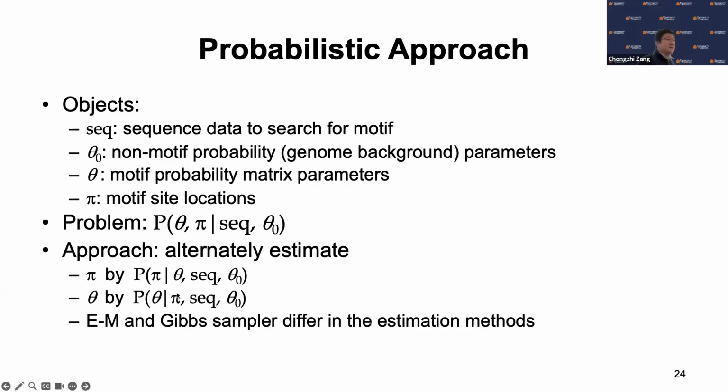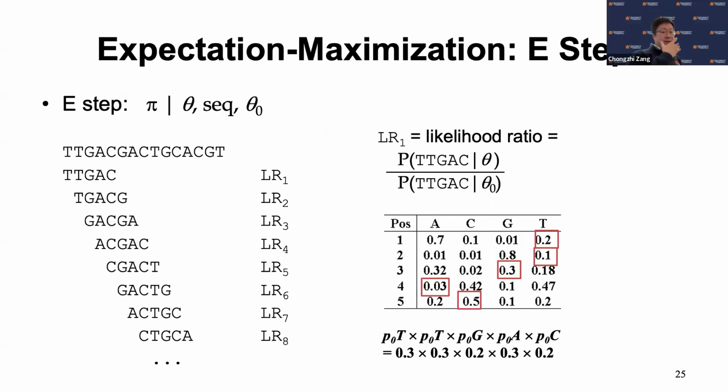Then, given these motif occurrences, we can calculate the most likely motif representation, which is the position weight matrix. This is the same objective. EM algorithms and Gibbs sampling differ in the estimation methods, but the goal is the same.